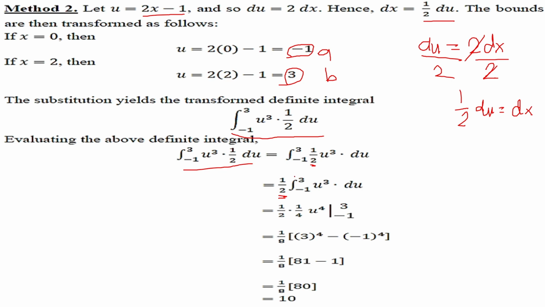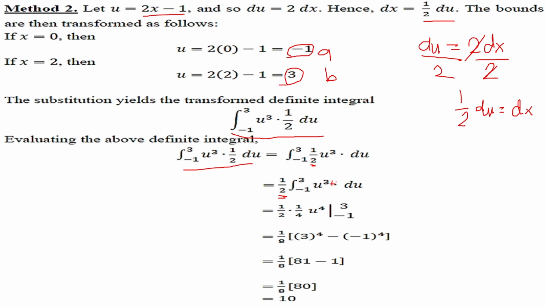So next, the definite integral from -1 to 3 of u^3 times du. What will we do here?